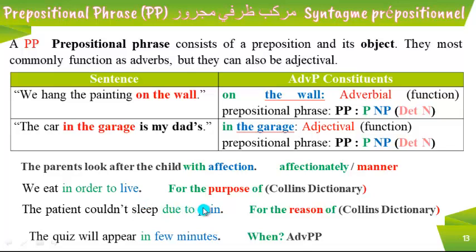We ask the question why, and here we ask the question for what purpose do we eat, and here also why, the reason why, for both the purpose and the reason. When we come to in a few minutes, we ask the question when. The quiz will appear in a few minutes. So it is an adverbial prepositional phrase.